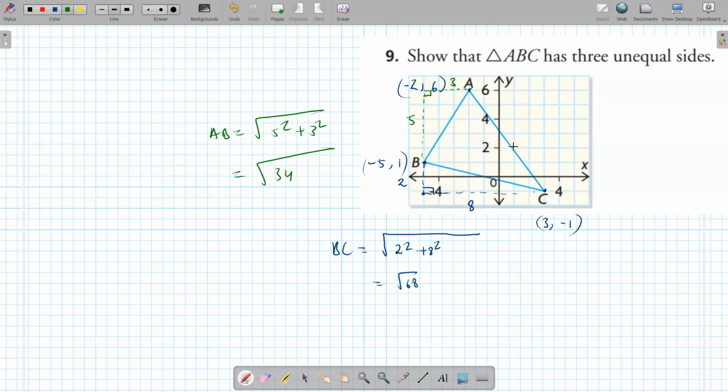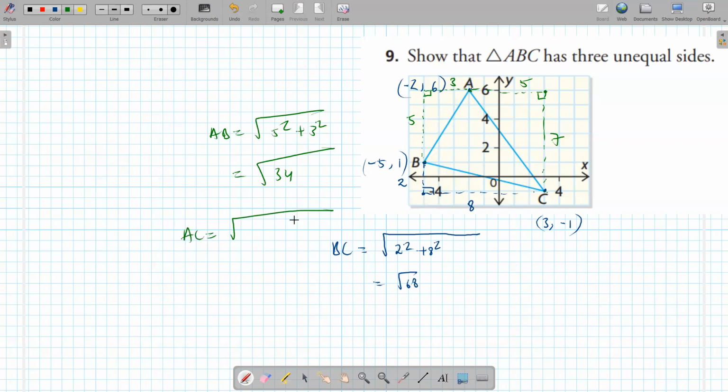And finally, we can also find the distance from here to here. We're going to turn this into a triangle going this way. What's the length from here to here? 5. And from here to here, 6 to -1, 7 units. Then again, you find the distance.